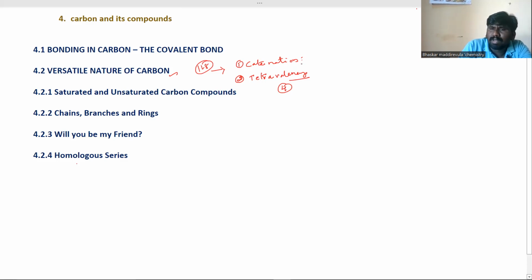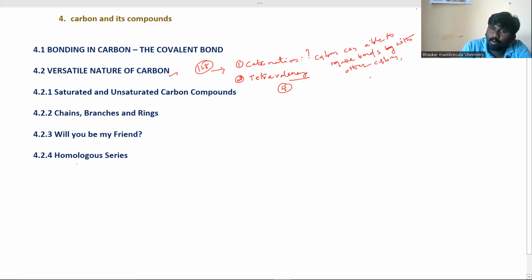Sometimes they ask the question, what do you mean by catenation? Carbon is able to make bonds with other similar carbon, by the sharing of electrons, with other carbon.